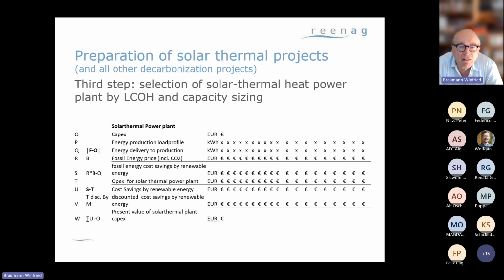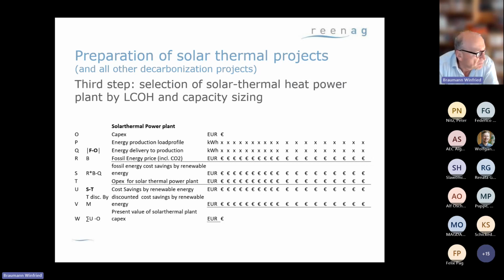If these levelized energy cost of heat are below the baseline energy cost, there is some room for a higher capacity because the investment will have a positive present value, which might be even quite substantial.